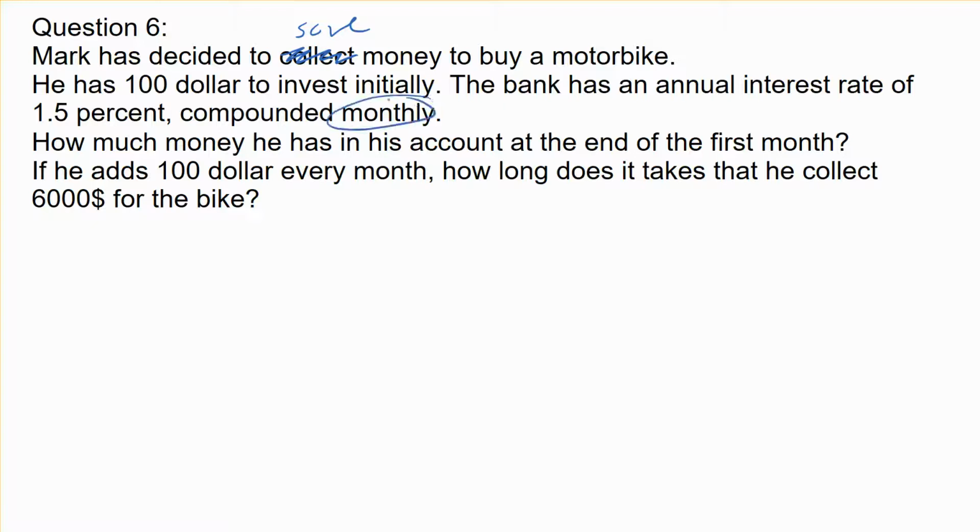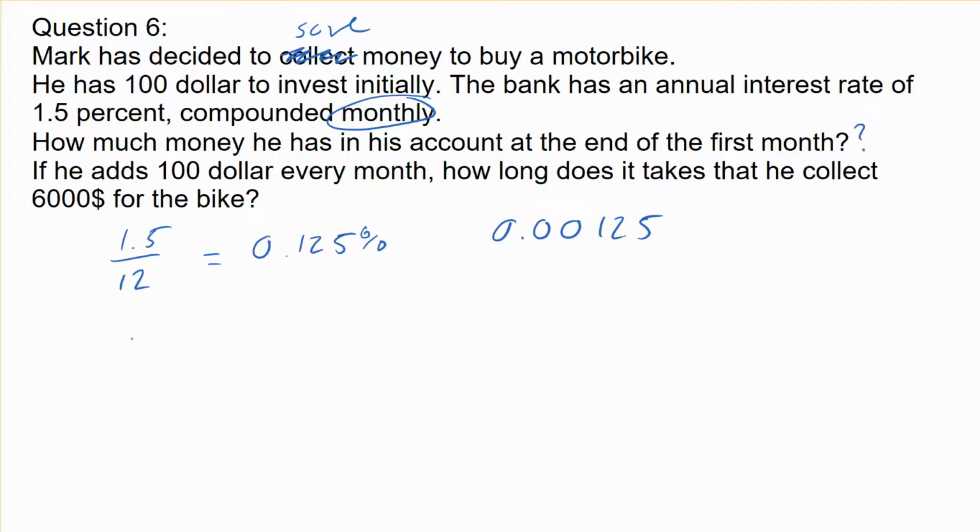Anytime we read something like that, we should remember that we're going to do 1.5 divided by 12 for monthly, which is 0.125%, which is 0.00125 as that multiplier. That's important. How much money does he have in his account at the end of the first month?